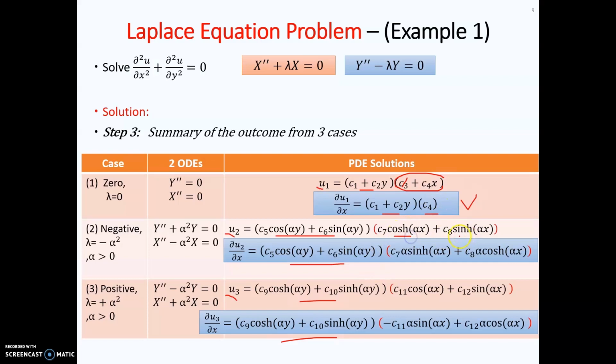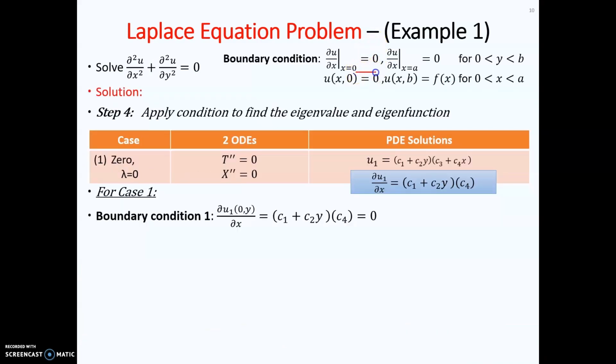Differentiate hyperbolic cos and hyperbolic sine, you obtain hyperbolic sine and hyperbolic cos. And don't forget to multiply the coefficient inside. So this is the solution for the second case. Lastly, differentiate cos give you negative sign, and differentiate sine give you cos. And don't forget to multiply the coefficient inside. So this is the solution.